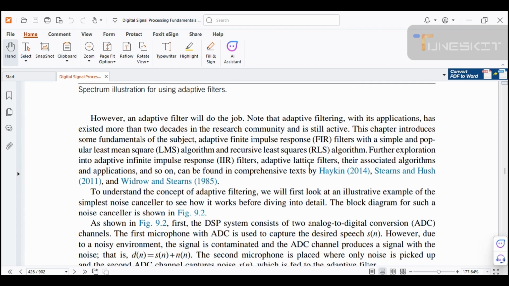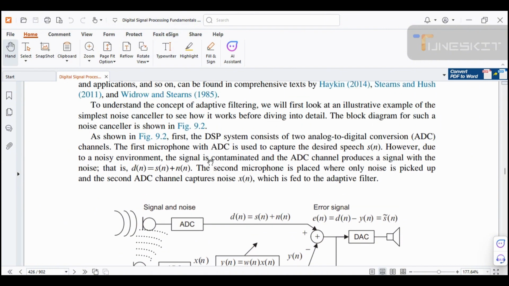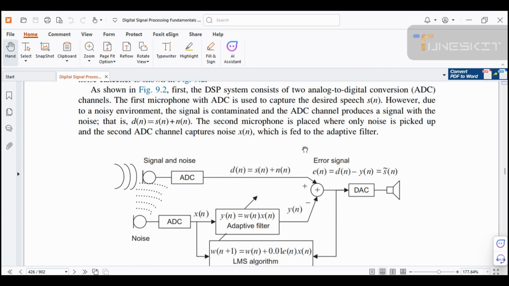Next there is an example: a DSP system that consists of two analog to digital channels. First is a microphone with an ADC used to capture the desired speech, that is s of n.